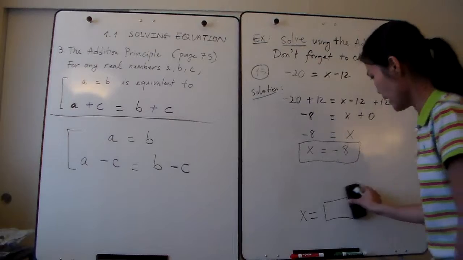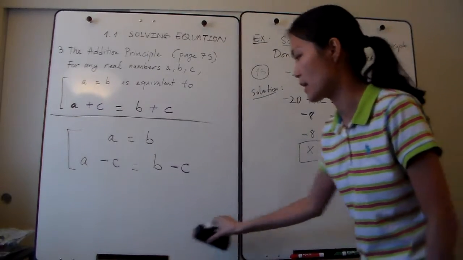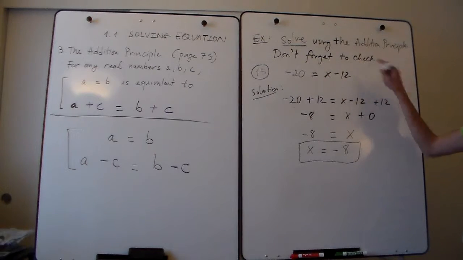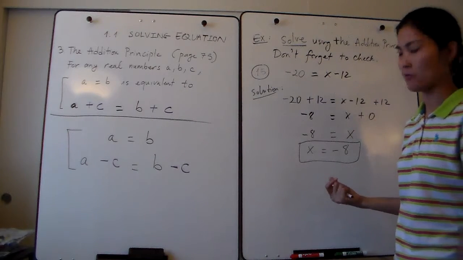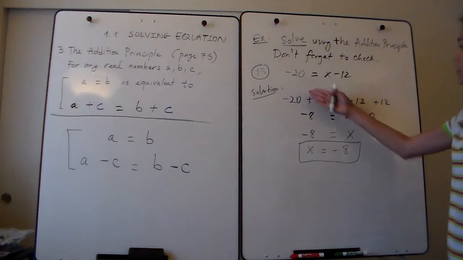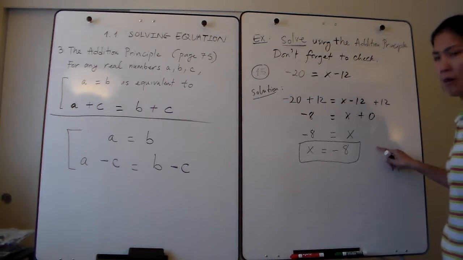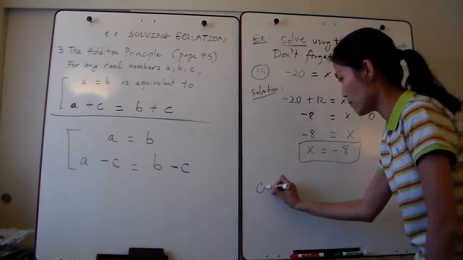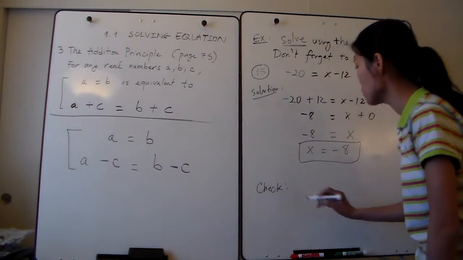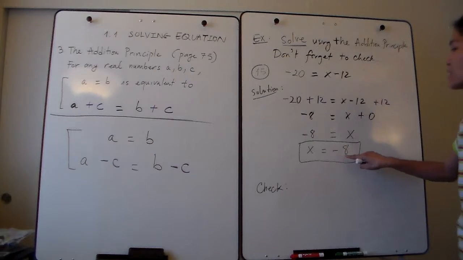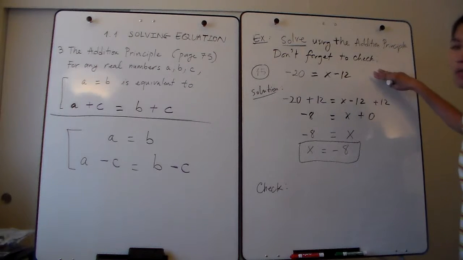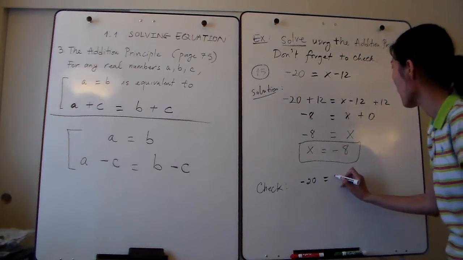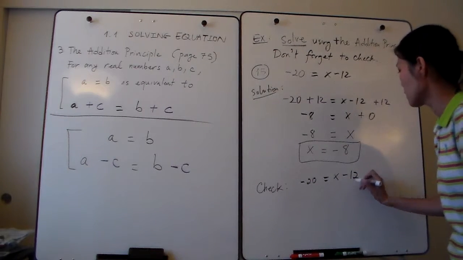All right? Now, we're not done yet, because the question also says don't forget to check. So I want you to check the answer, because this is the solution we just got. How do we know if we got the correct answer? We can check that by substituting this value, negative 8, into the original equation, negative 20 equal to x minus 12.